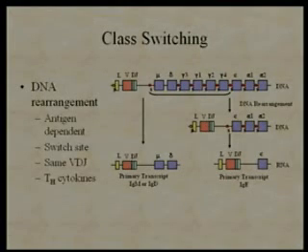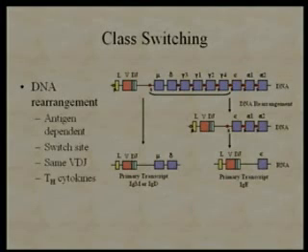And in fact, you can see that as well, that you can get subsequent switches to other classes of immunoglobulin. However, once you switch to alpha 2, there isn't anything else to switch to. That's an endpoint, right? Because that's the last one. Anytime you make a switch, remember, you're deleting out the DNA in between. So once it switches to the last constant region, it's not going to be able to switch again.